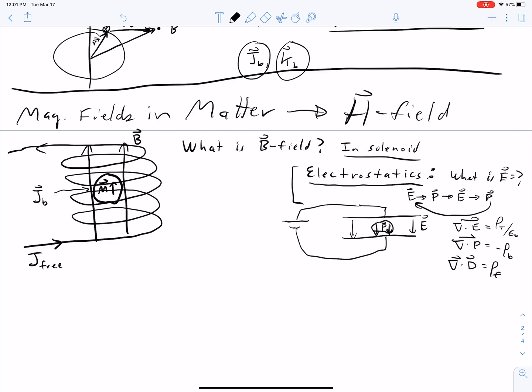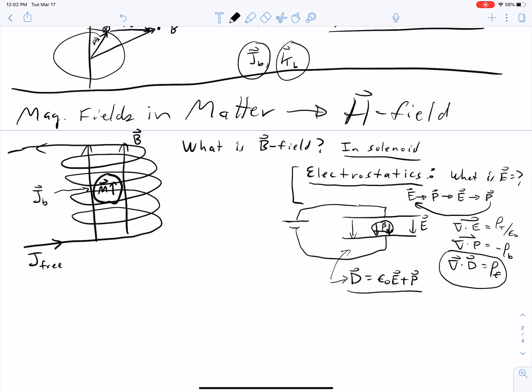And this turned out to be very useful. We defined this D field, remember, D was epsilon naught E plus P. It was an intermediate step that helped us to solve this problem, because this relationship is very, very useful.